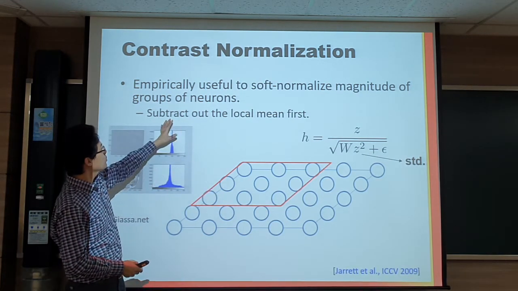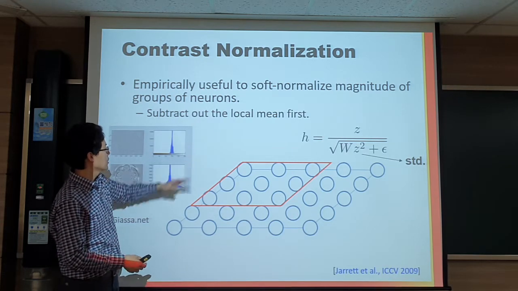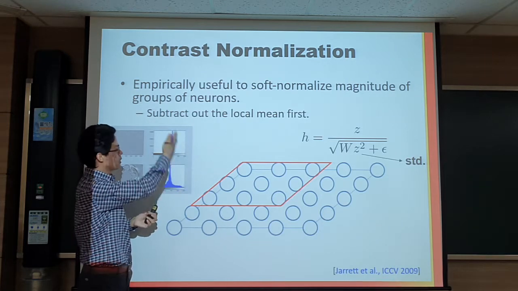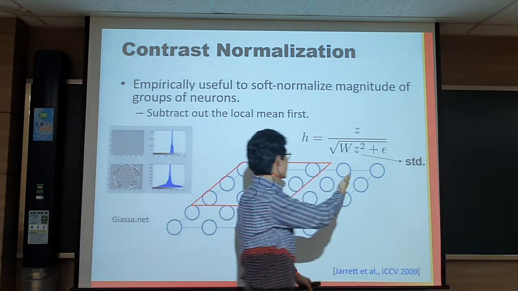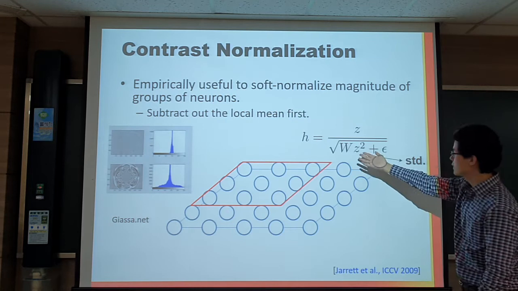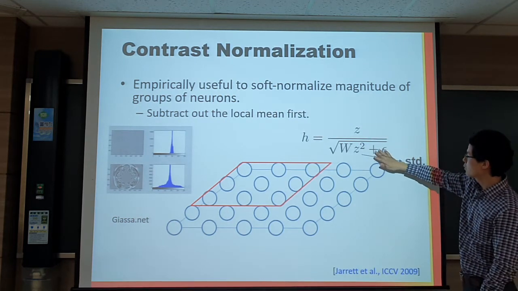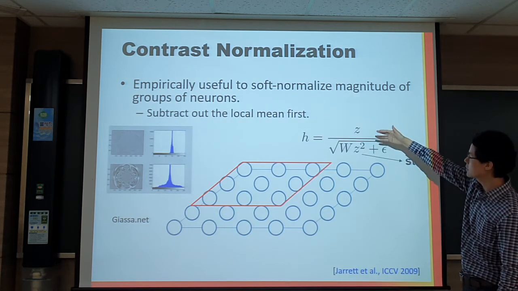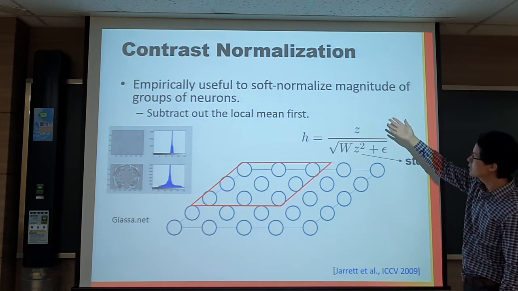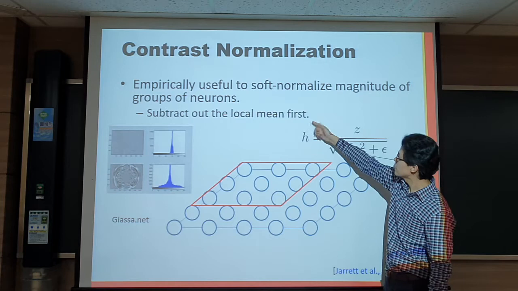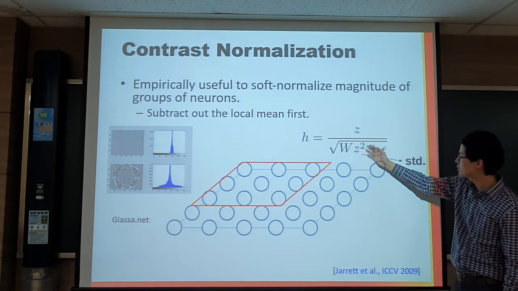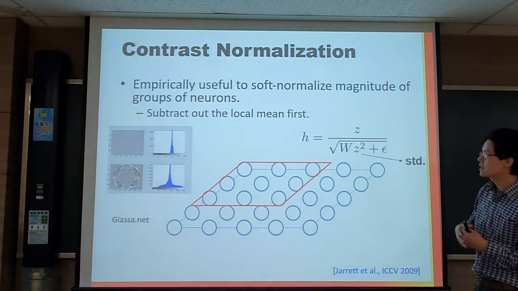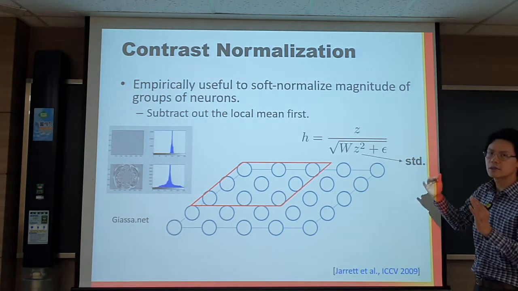Here you can subtract local means, so that the value could be negative or positive, and then divide each value by the standard deviation. When you subtract the mean value and then square it, this turns out to be something we can consider a kind of variance of this value.